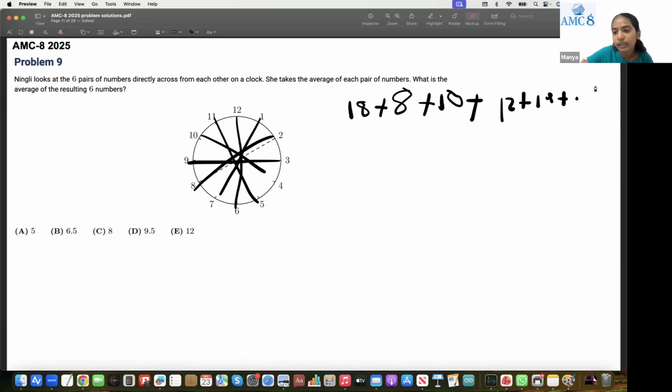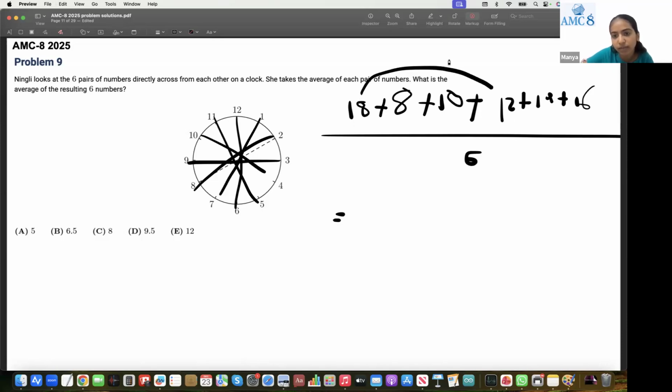So now we just have to add all of these numbers up, and we would have to divide by 6, since there are 6 numbers. If we add them up, 18 plus 12 will be giving us 30. And we have 14 plus 16, which will also be giving us 30. And we have 8 plus 10, which will be giving us 18.